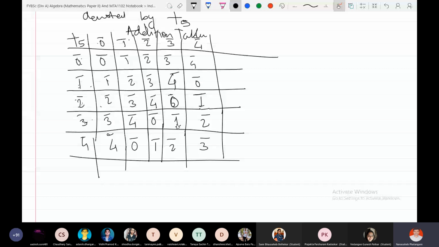What is 4 bar plus 3 bar? See the row of 4 bar and column of 3 bar. That is the addition. So this table gives you the complete addition structure of Z5, everything about addition of two elements in this set. That's why this table gives perfect information of addition.